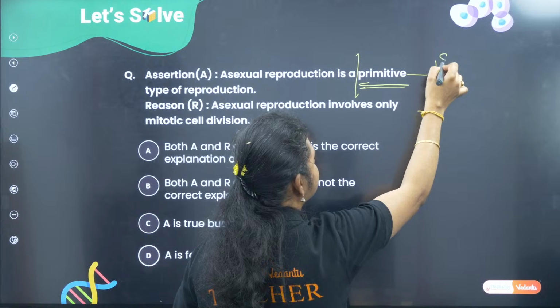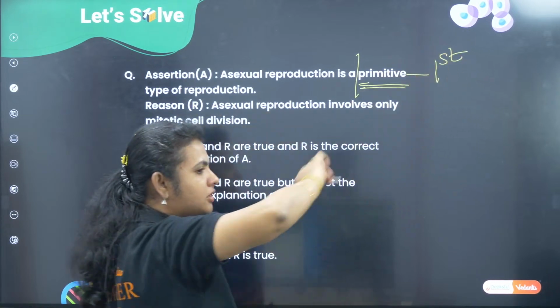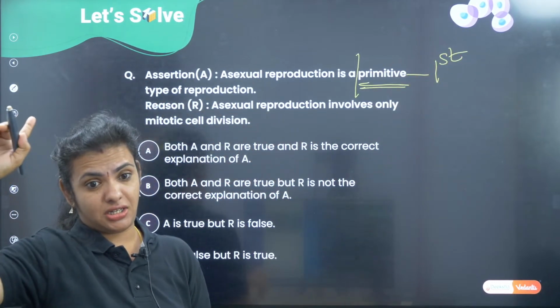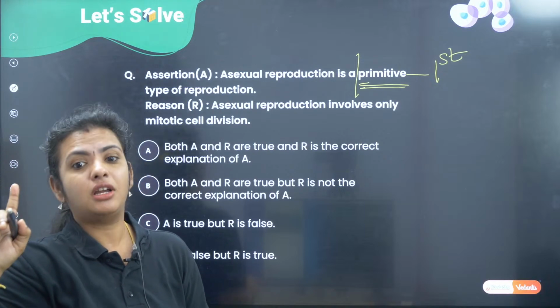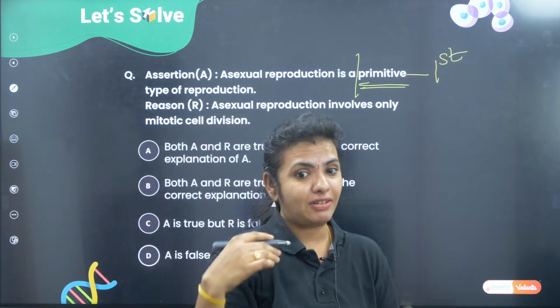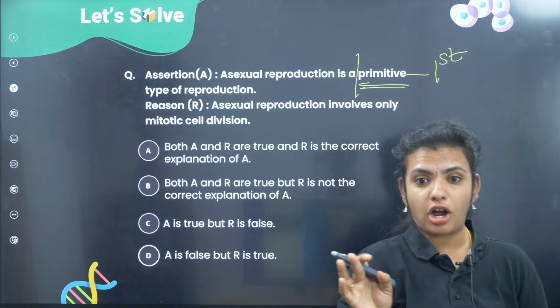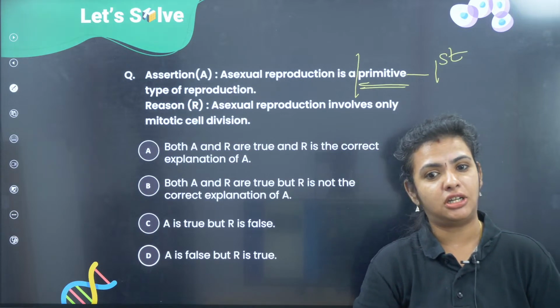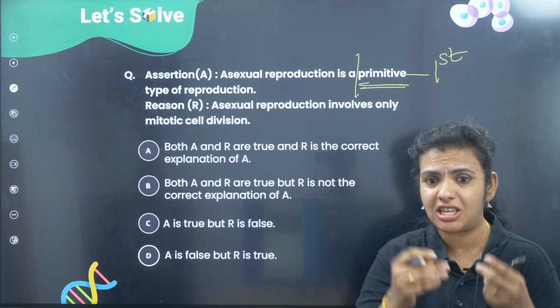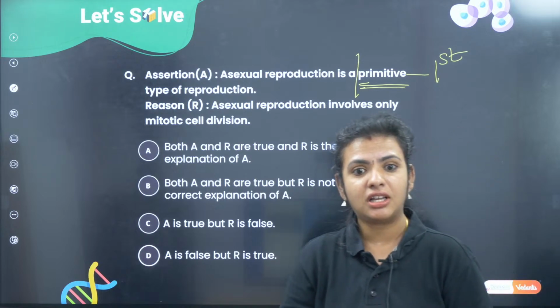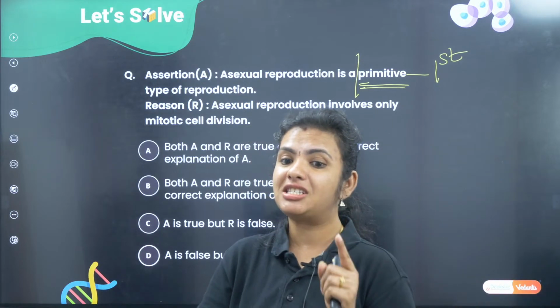Primitive means first, most ancient. When the earth developed, we did not have sexual reproduction, children. It was only the bacteria which came into existence first. So, the assertion is correct.